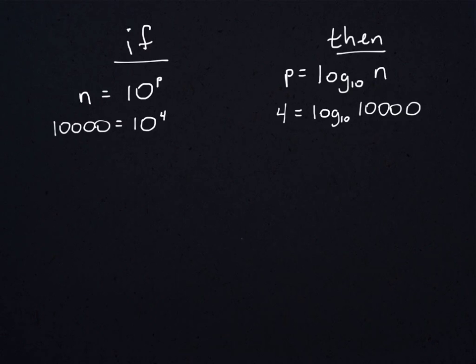Okay, how about if we went the other direction? What if our number is a really small number, 0.0001? Well, that's actually 10 to the what power? Anybody know?